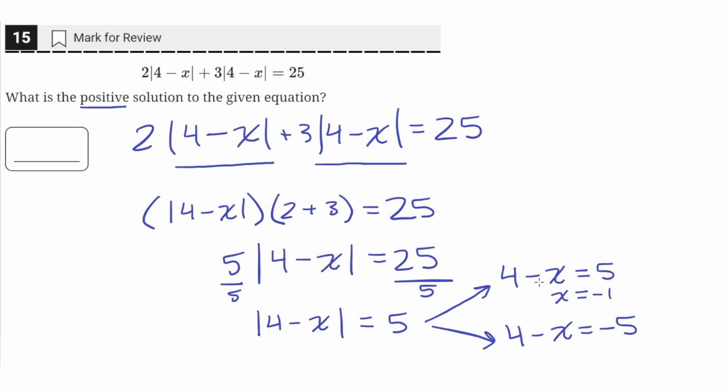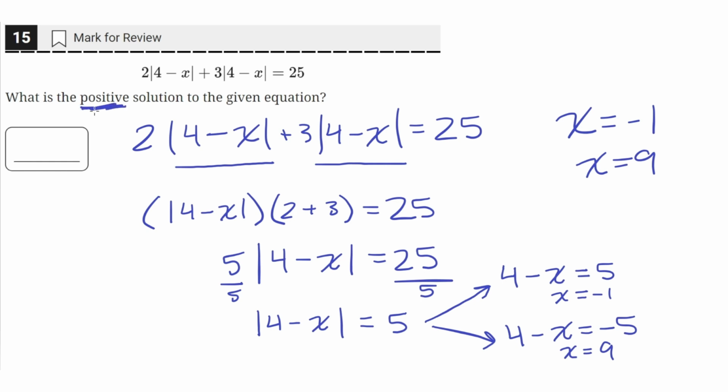Since 4 minus negative 1 is just 4 plus 1, so 4 plus 1 equals 5. And then the second equation says that the value of x is 9, because 4 minus 9 is equal to negative 5. Okay, so now we have two solutions, x equals negative 1 and x equals 9.